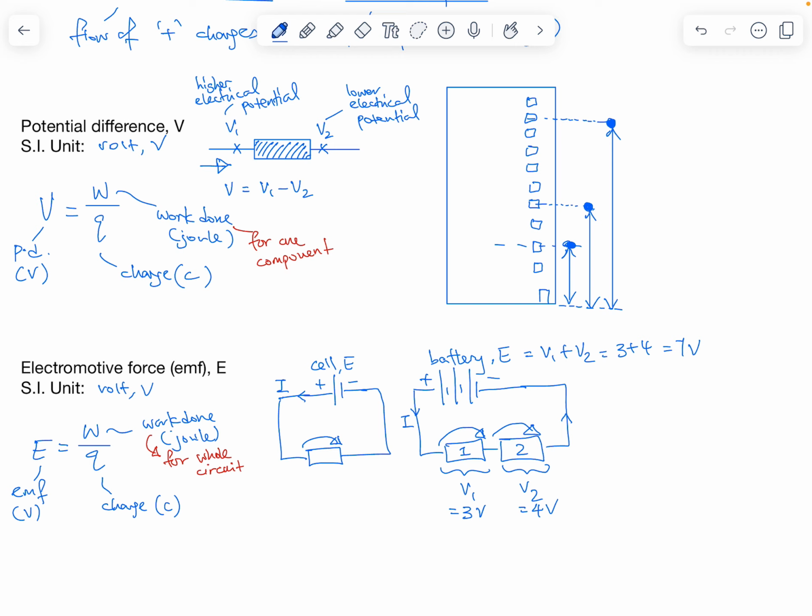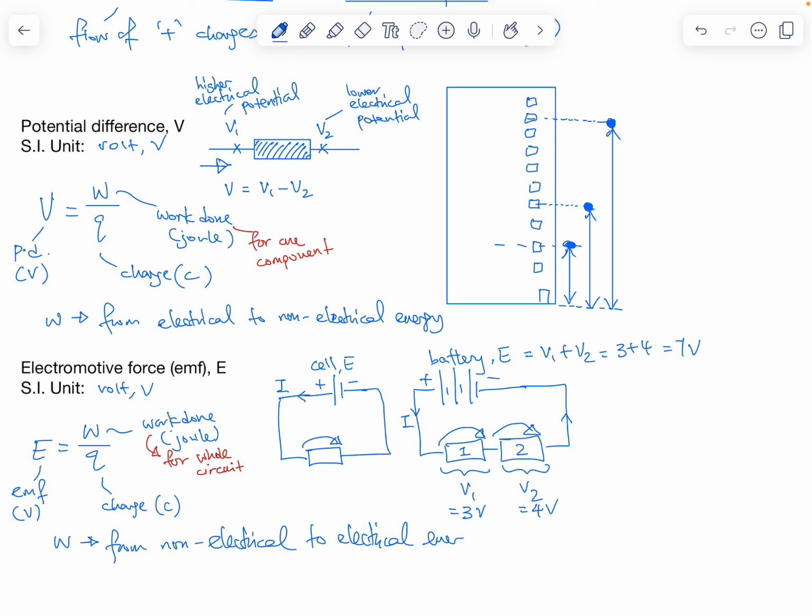Now another way to distinguish between potential difference and EMF is the description of the work done. So for PD, the work done is from electrical to non-electrical energy, whereas for EMF it is from non-electrical to electrical energy.